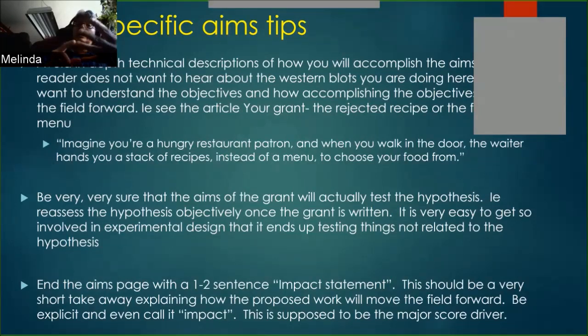Now, the things to keep in mind about impact: is the project important? That's significance. Is the approach likely to be successful? Is the investigator capable of doing it? And is the research environment the right environment for doing the project?